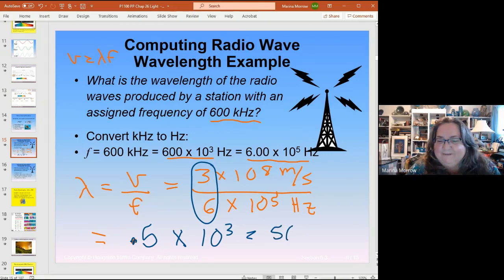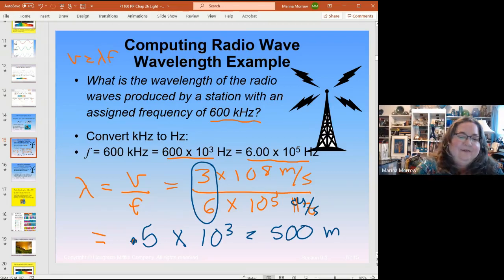So it comes out to just be 500. And that will come out in meters, because you'll have meters per second over cycles per second for hertz. So the per seconds cancel, and you get how many meters it is for one cycle, or one wavelength.